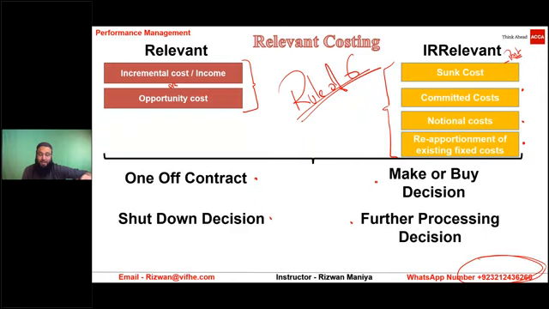Reapportionment of existing fixed cost. Now, the word is very important to keep in mind: existing. The best example for this was the Alka Hotel question, Q1 fixed cost. We worked out the quarterly fixed cost, right?